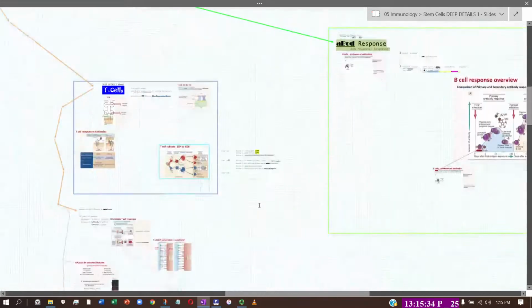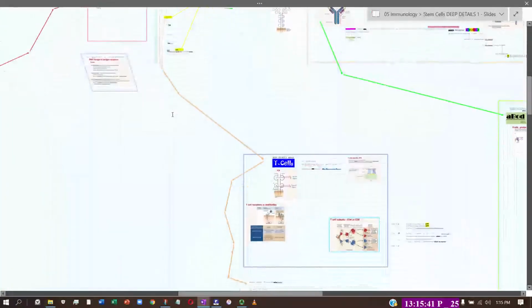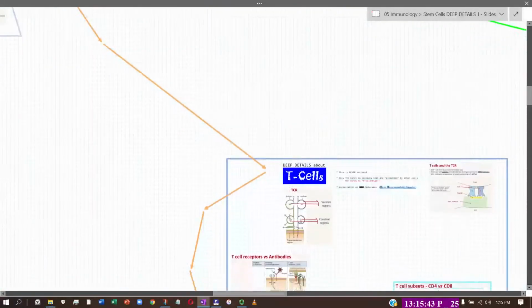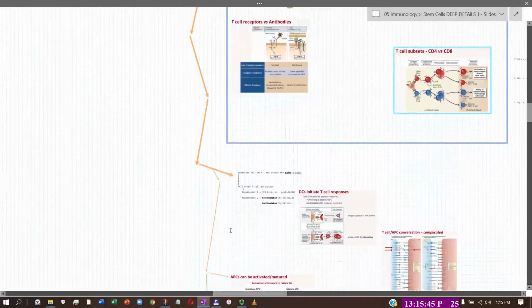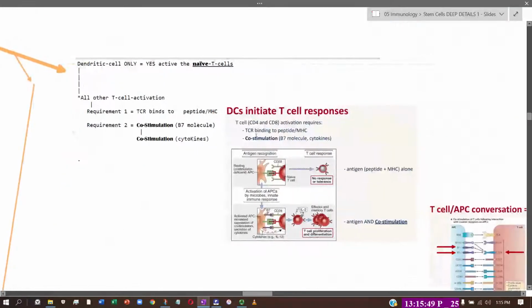All right. What else? Now we can address things related to the APCs, the antigen presenting cells. They interact with T cells, and let's go to this first arrow down here. There's something special about dendritic cells. They are the only ones that can activate naive T cells.